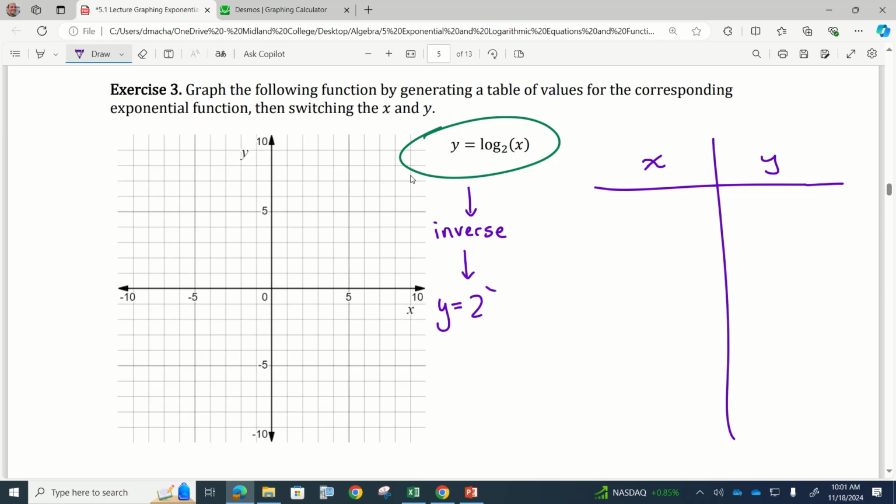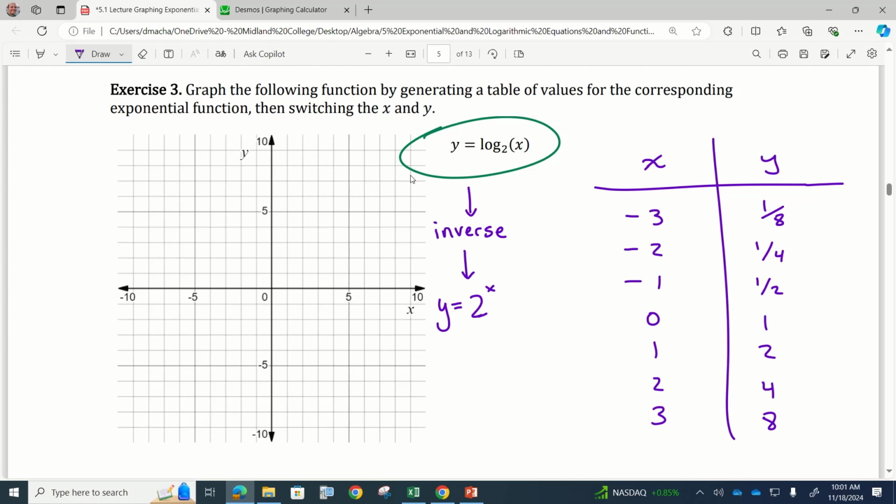Instead, I'm going to say, well, the inverse function of the logarithm base 2 is the exponent base 2. And I'm not going to make you do this again, because a moment ago, in the last example, we made a table of values for 2 to the power x. It looked like that.